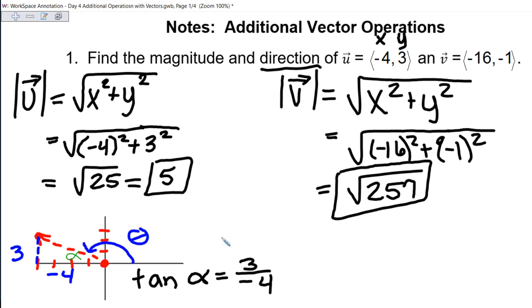Now that negative 3/4 is the arctan value. So make sure when you put that in the calculator, you do second tangent of negative 3/4. And we're going to have our answers today in degrees. So first, make sure your calculator is set to degree mode.